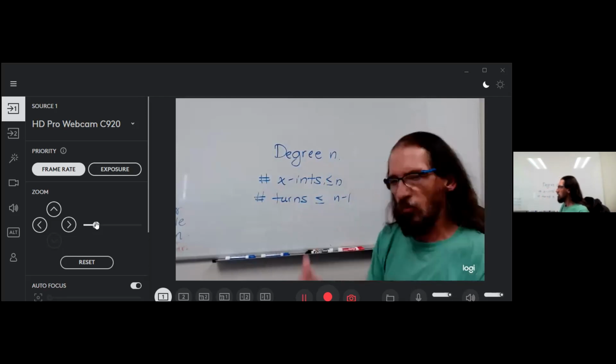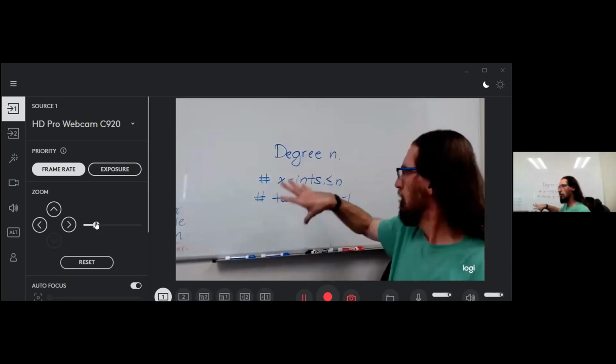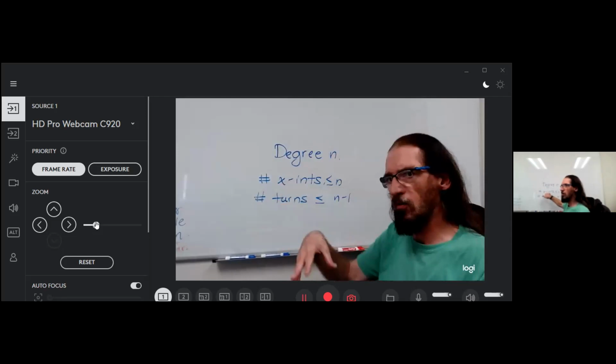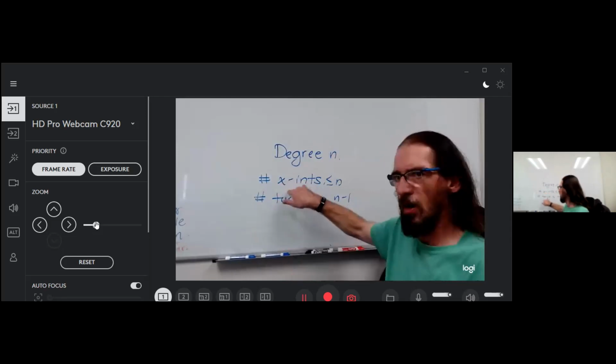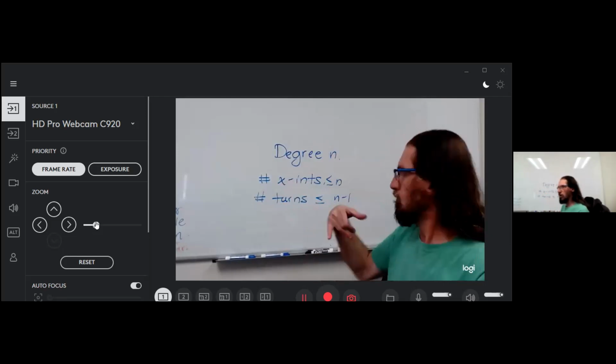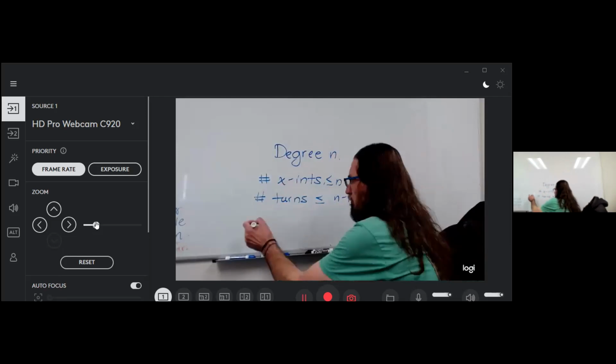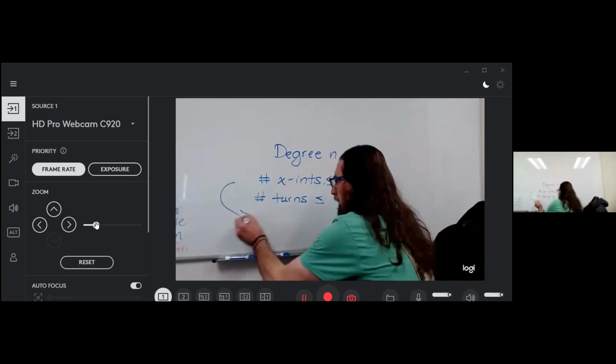Turning that around, that's if you know the degree. If you have a graph and you've counted up how many x-intercepts and how many turns, then what is the lowest that the degree can be?